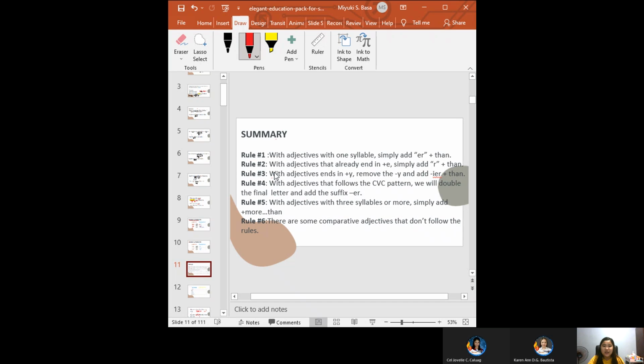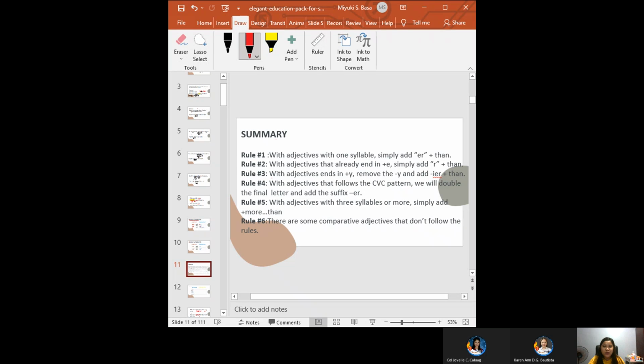Can you please read the second rule, Miss Kaluwag? With adjectives that already end in e, simply add r plus than. Okay. The third rule, Miss Bautista. With adjectives that end in y, remove the y and add ier plus than.